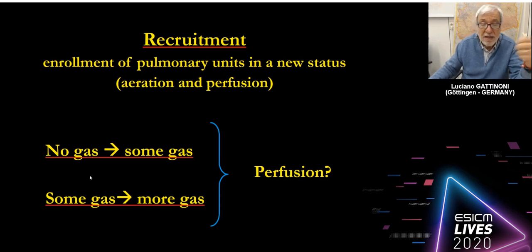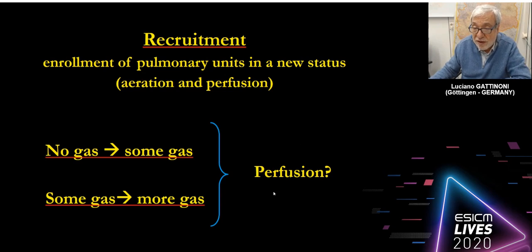Or somebody else defined recruitment more in general as, for the same pressure, putting the pulmonary unit in a more favorable mechanical condition so that some regions get more gas.